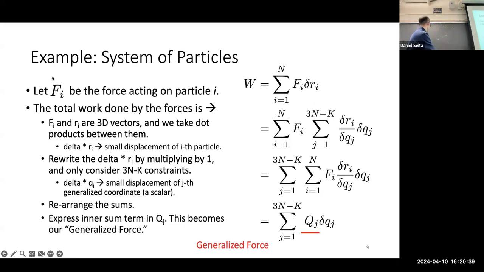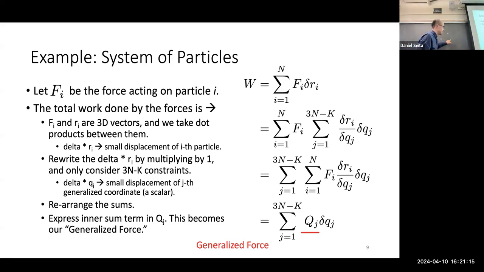So one way to think about this is, each particle in the system has a force vector that acts upon it.